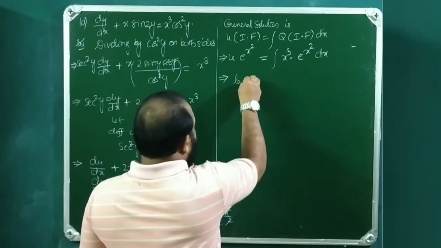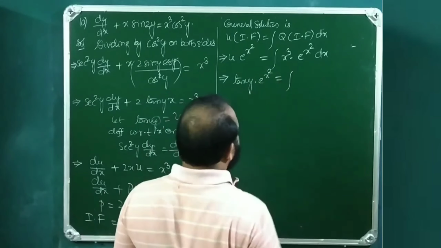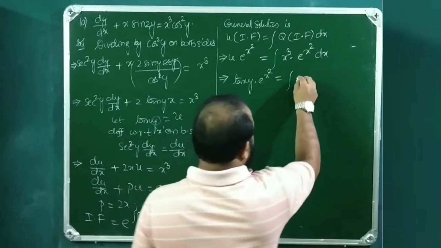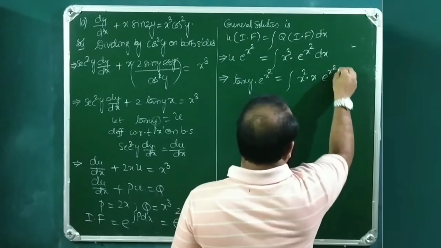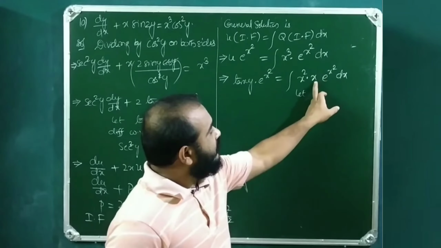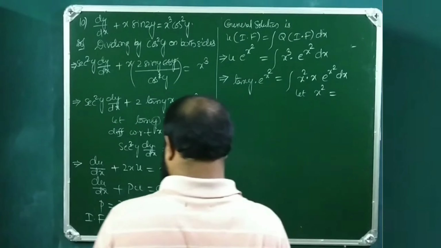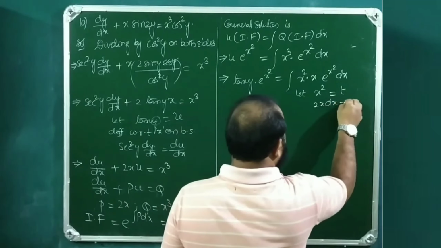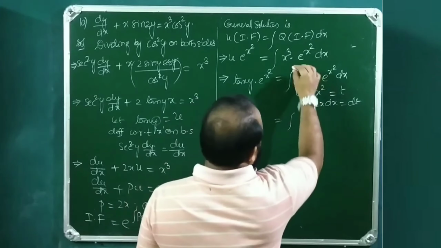So tan y into e power x square is equal to, this x cube can be written as x square into x. X square into x into e power x square dx. Let x square derivative is 2x. Let x square be equal to t. 2x dx equals dt. So this is x square is t here.